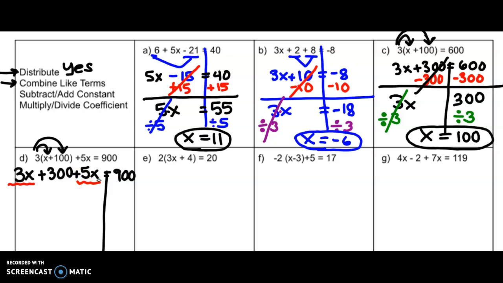They have x. So then I'm just going to add and combine my two like terms. 3x plus 5x is going to be 8x. So all I did was add the coefficient. So 8x plus 300 is equal to 900.